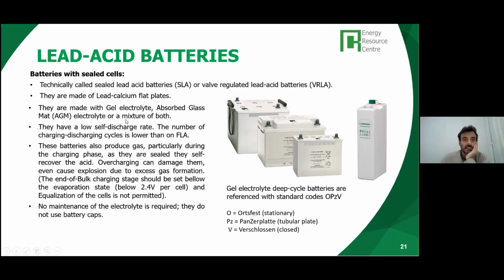The electrolyte is in a solidified form, normally in the form of a gel, or in AGM, absorbed glass mat form, a bit more complex electrolyte, or a mixture of both. These batteries are referenced with the OPZV code.